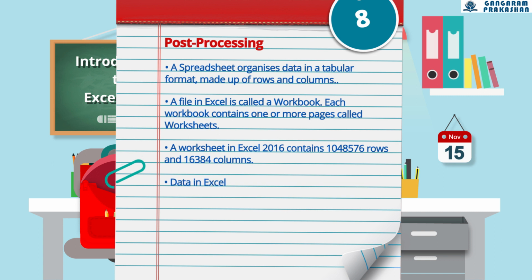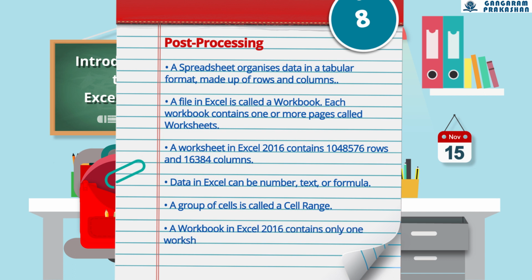Data in Excel can be number, text, or formula. A group of cells is called a cell range. A workbook in Excel 2016 contains only one worksheet by default. More worksheets can be added as required.